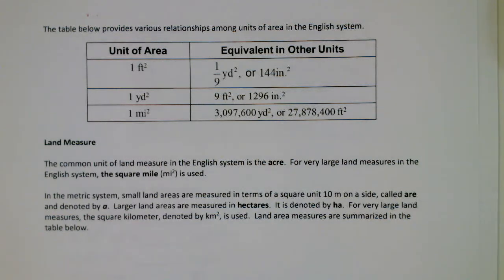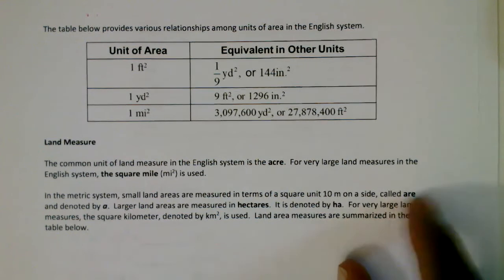Now let's go to land measure. The common unit of land measure in the English system is the acre. For very large land measures in the English system, the square mile is used. And in the metric system, small land areas are measured in terms of a square unit, 10 meters on a side. And that's called an are.